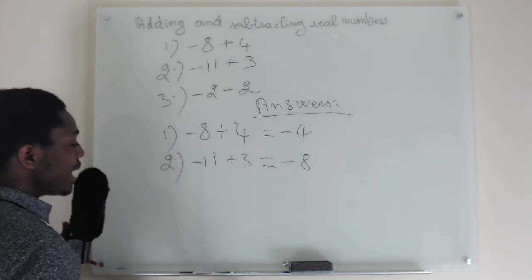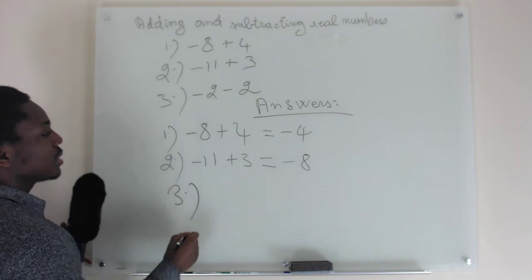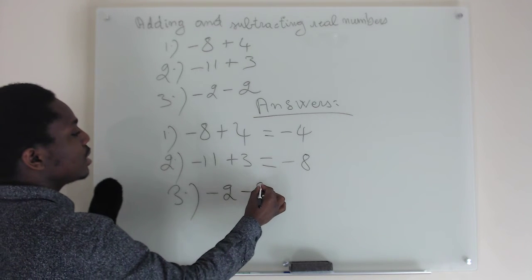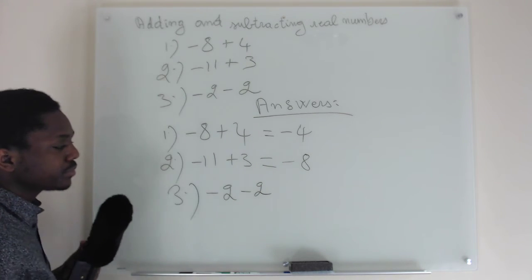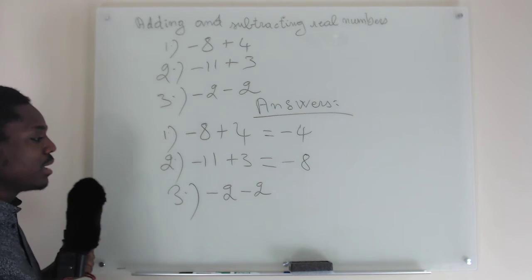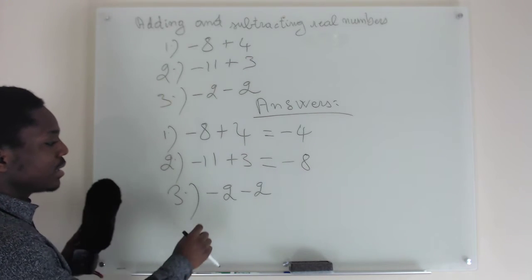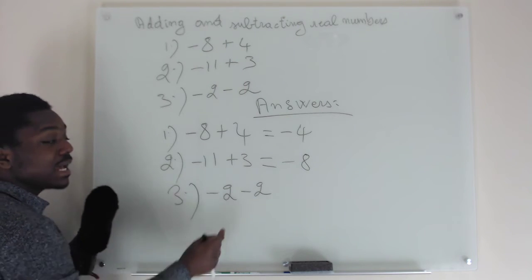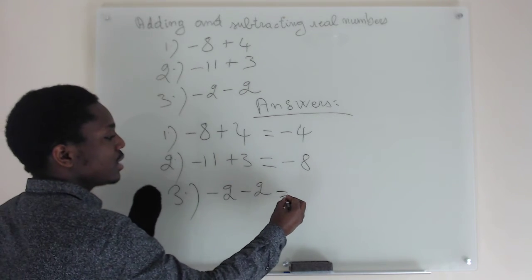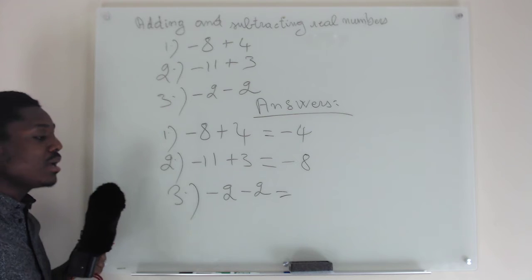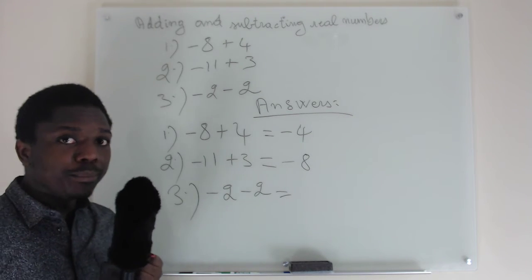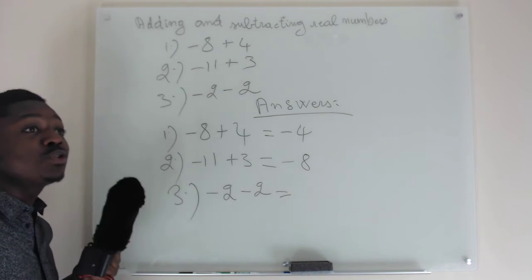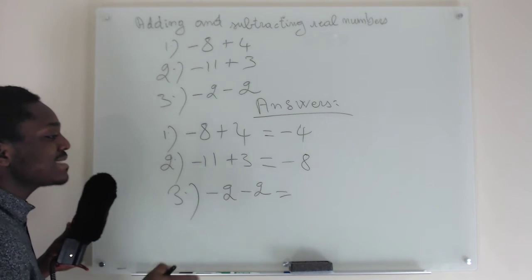Now for our last exercise, we have -2 minus 2. In this case, the numbers have the same exact sign. As I said earlier, if two numbers have the same sign, you have to keep their sign.